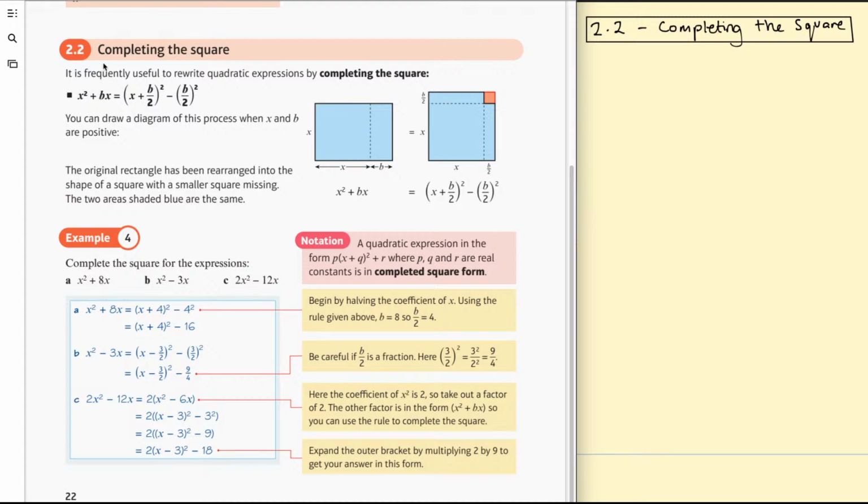It says, it is frequently useful to rewrite quadratic expressions by completing the square. So x squared plus bx equals x plus b on 2 all squared, take b on 2 all squared.